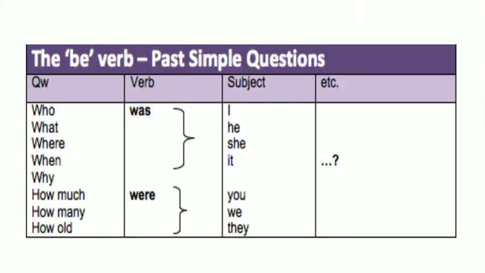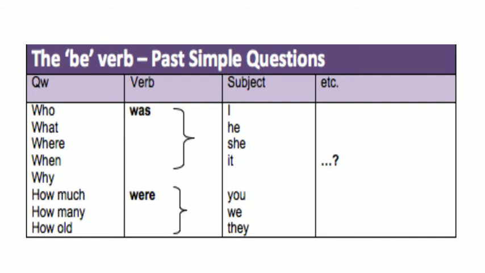We can also use the verb to be with information questions that begin with who, what, when, where, why, how much, and how many. As with the yes or no questions, was goes with I, he, she, and it, while were goes with you, we, they.